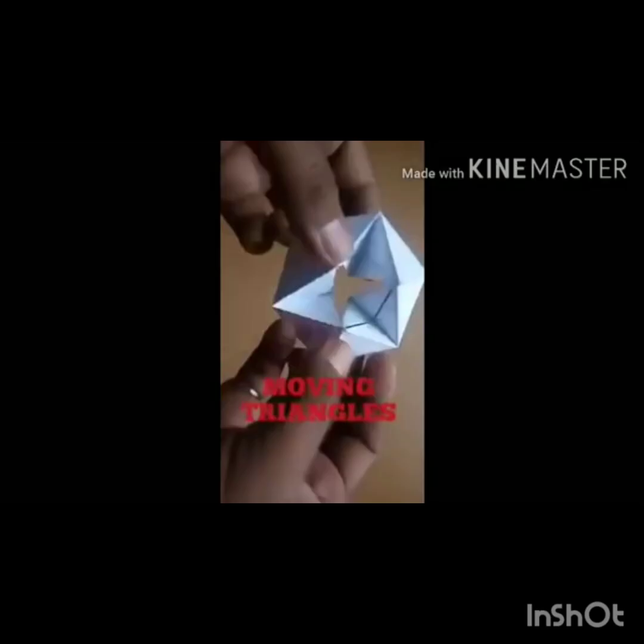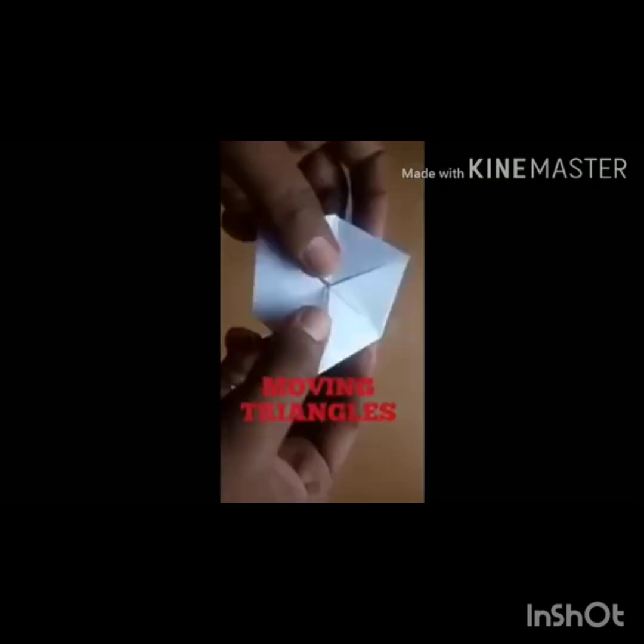moving triangles. This wonderful model of 24 moving triangles is a masterpiece of paper folding activity of maths. Let's make this model. To make this model, we need only an A4 size Xerox paper. Make its breadth equal to half of its length.